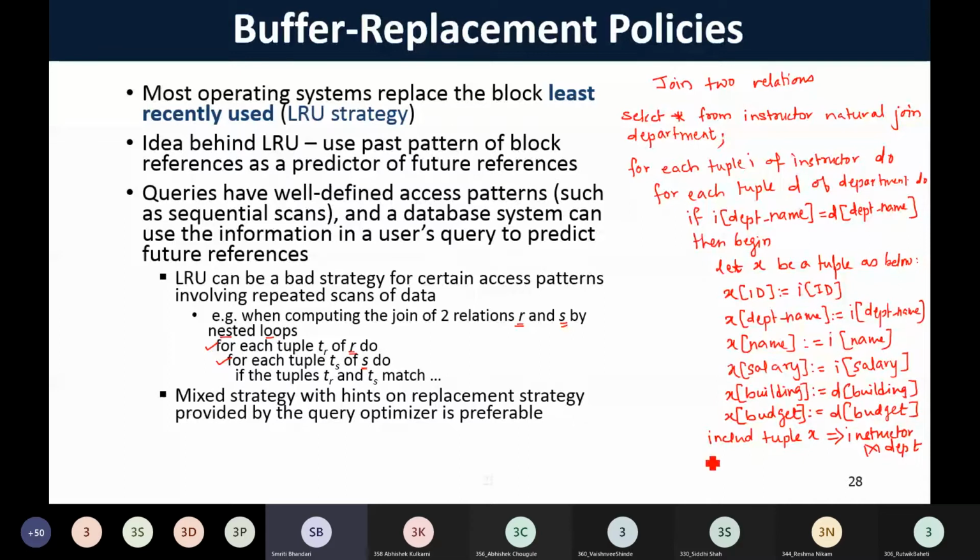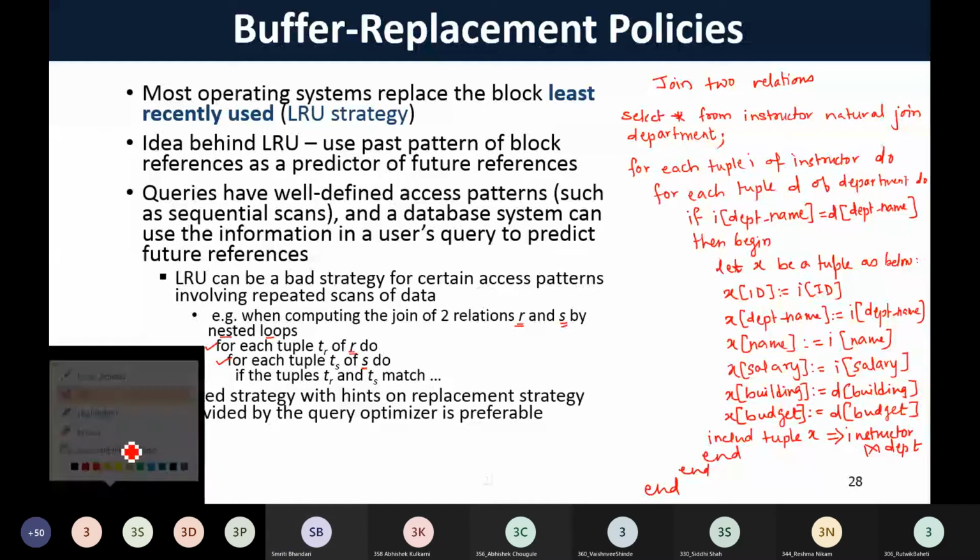So this is end of this block. Then we are having end for the inner for and end for the outer for. So this is a simple pseudocode that we may have for computation of join of two relations.